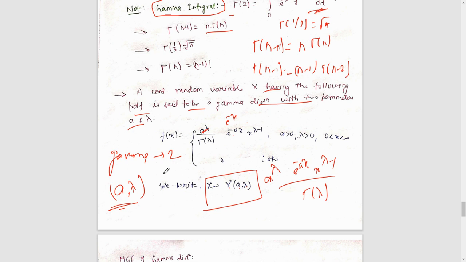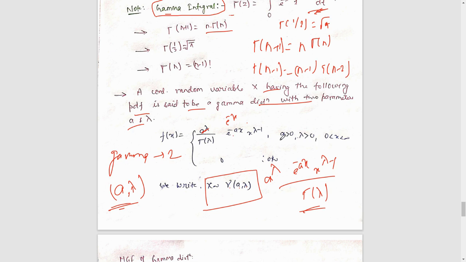In general, it may happen that a distribution does not follow the single parameter form, so you can have this two parameter gamma distribution also. It's the same thing, not something else.